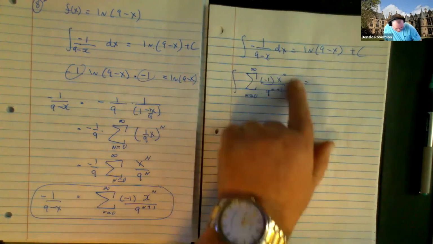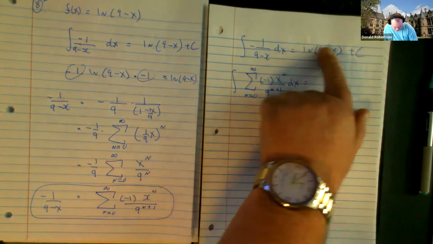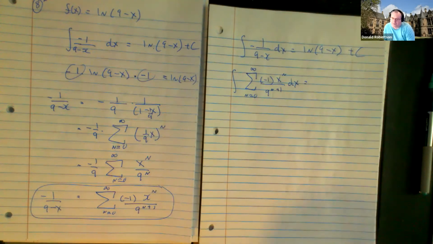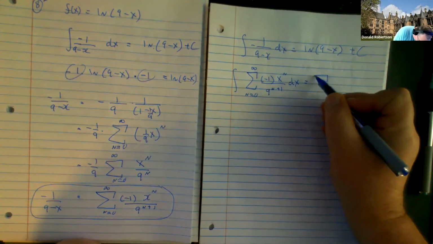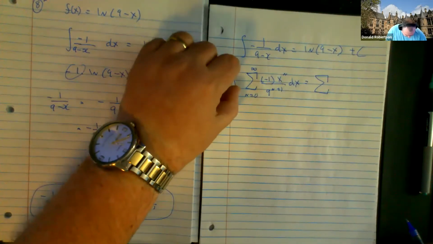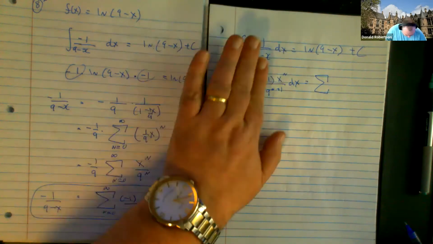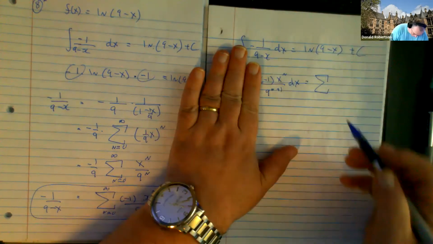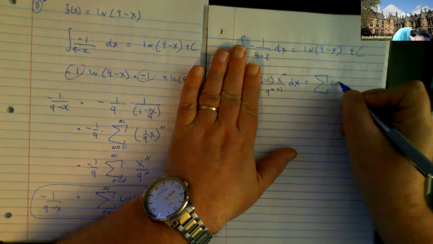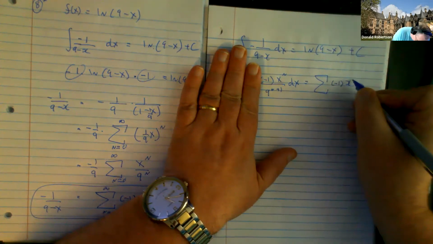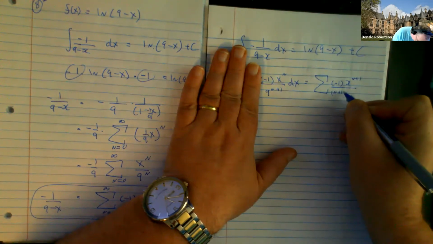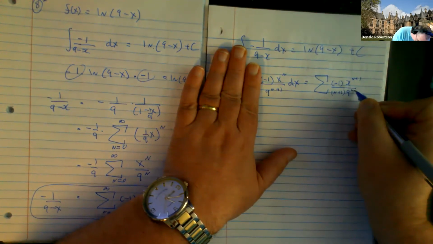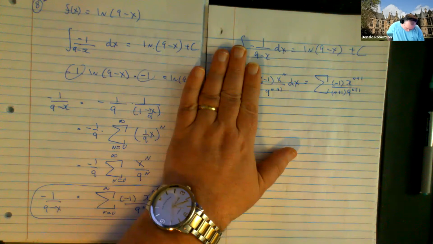And so whatever this comes to as a power series will basically be the guy I'm looking for, right? So I can take this integration inside and integrate each one of these guys separately. Well, it's add 1 to the power and divide by the new power. And that 9 to the n plus 1 is just a number, so it stays put.